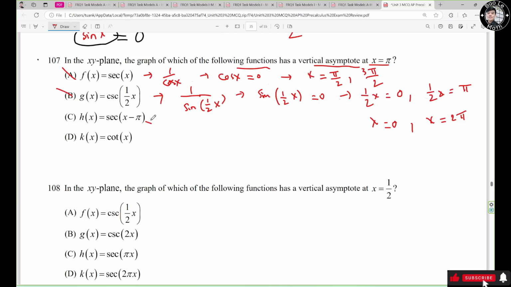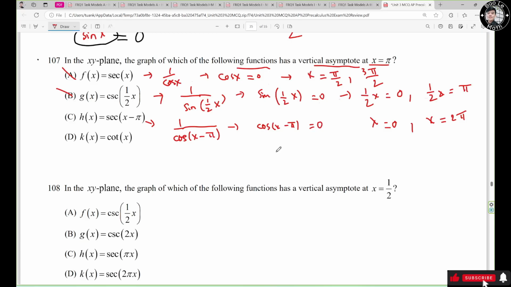Now C, it's the same thing. 1 over cosine of s minus pi. So then you let this one equal 0, so cosine of s minus pi equals 0.